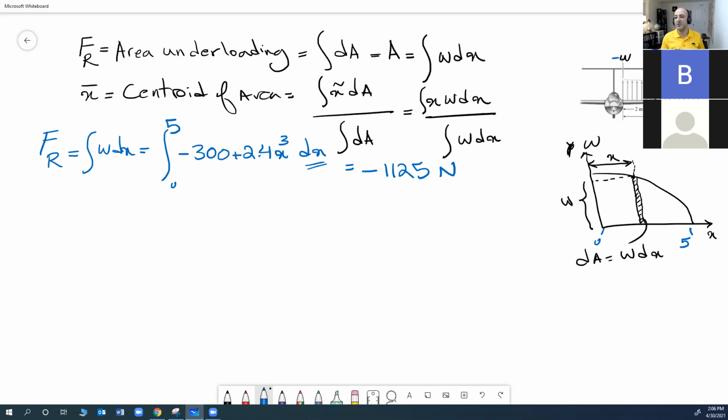I think this is the minus W axis for some reason. This is minus W, this is plus X. That's what it is. Because look what happens: this is the equation, right? Minus 300 plus 2.4 x cubed. When X equals 0, W turns out to be minus 300.